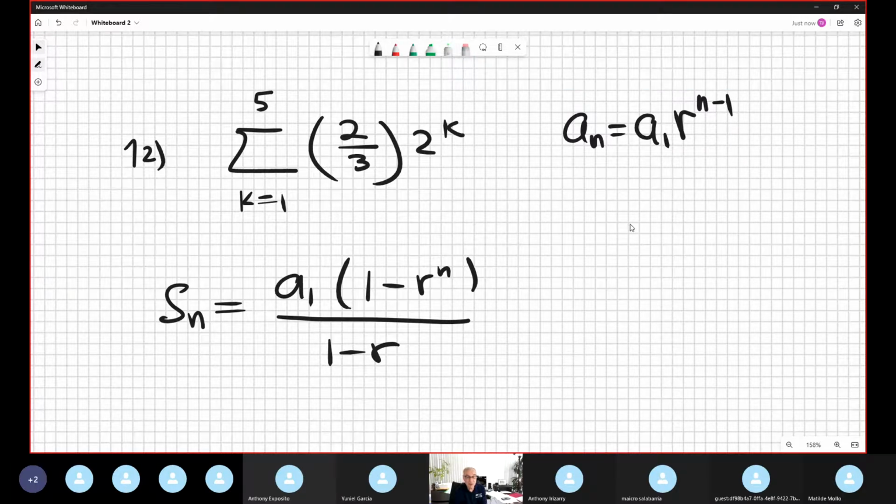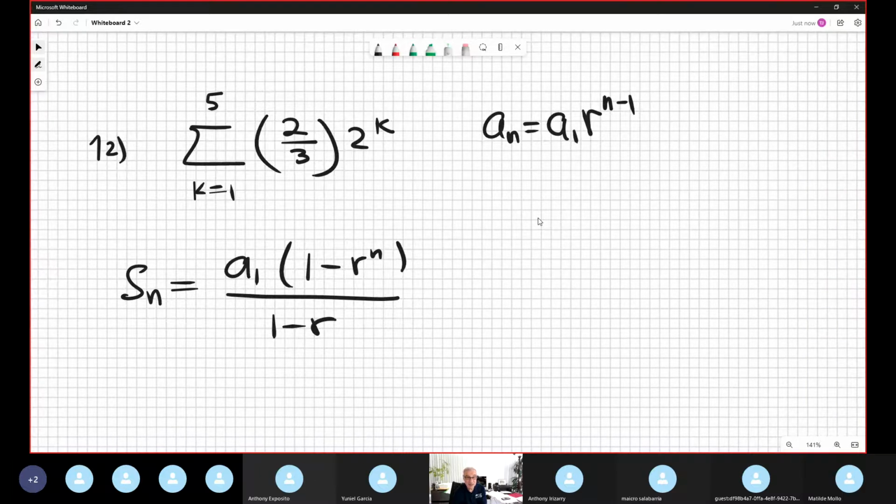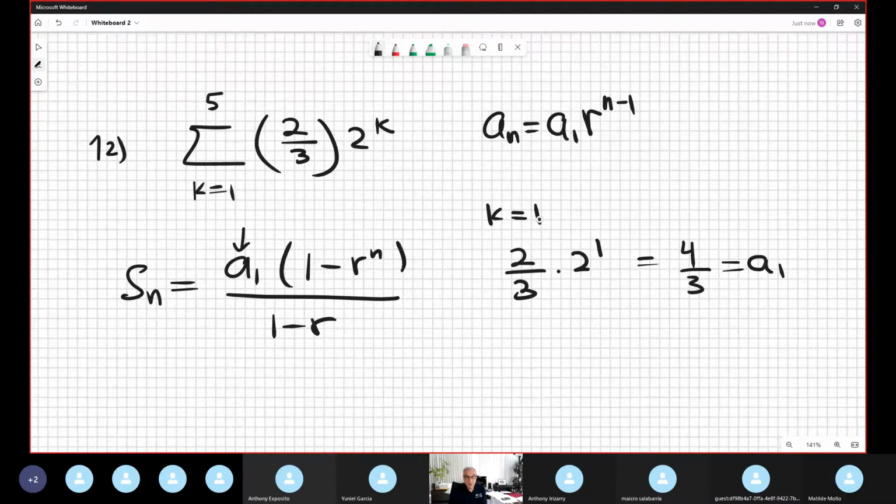But in my opinion, the best way is you expand a little bit this. Suppose for k equal 1, we have 2 thirds times 2 to the 1, because k is 1, is 4 over 3. 2 times 2 is 4. This is A1. This is this guy in the formula.